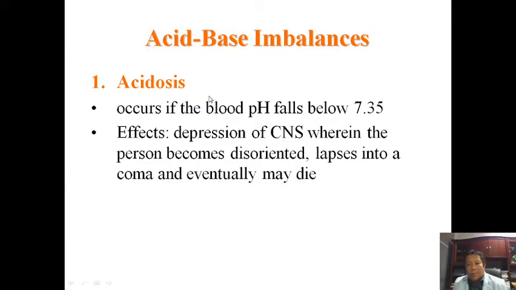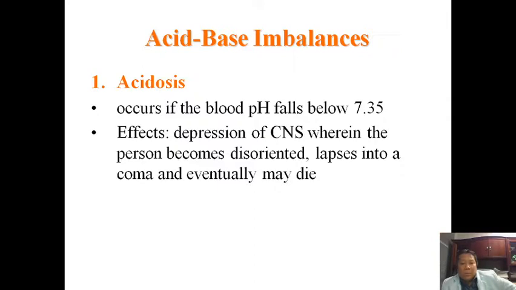Let's say the patient sustained a head injury, a contusion, somebody hit the patient with a baseball bat, sustaining subdural hematoma, intracerebral bleeding that can lead to decreased level of consciousness.